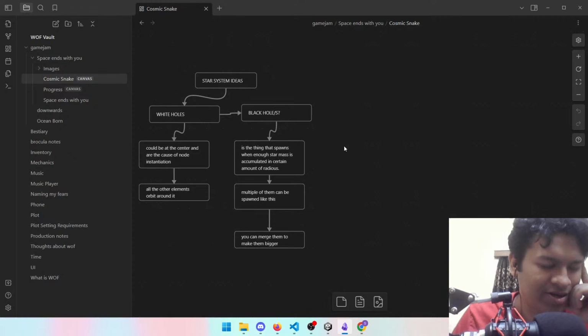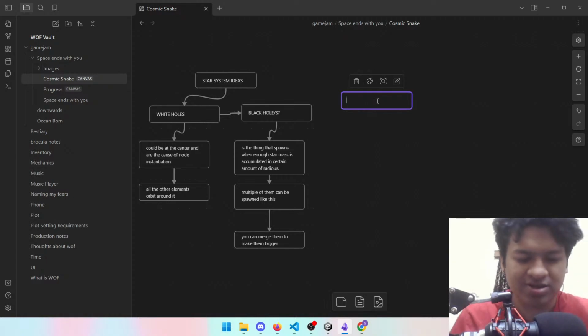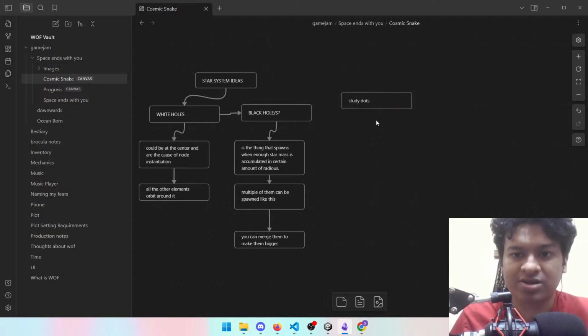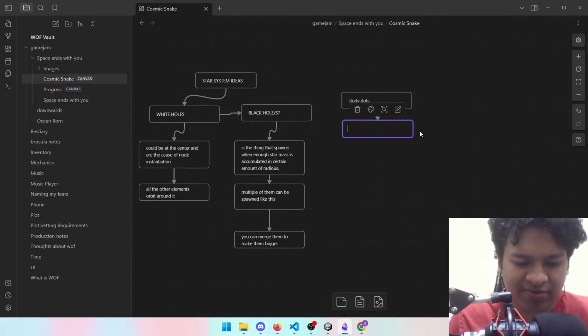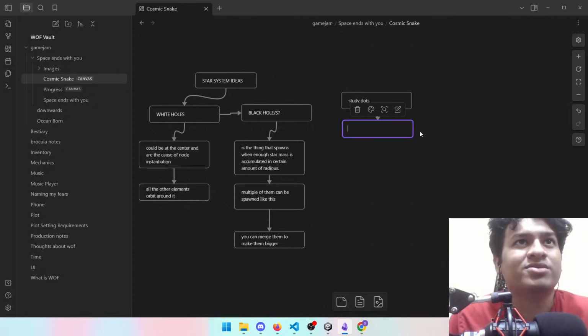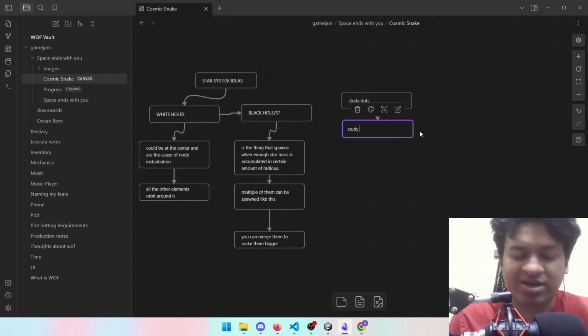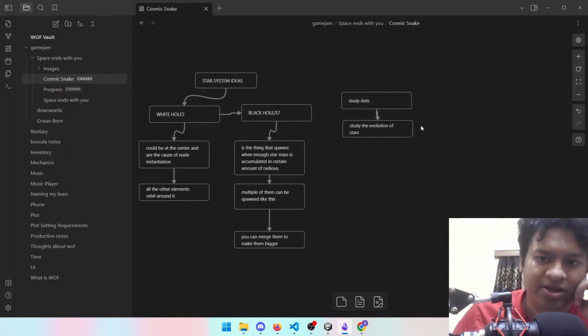What was the thing I needed to take care of? Yeah, study DOTS. Study DOTS. Then study the evolution of stars. Those are the main things.